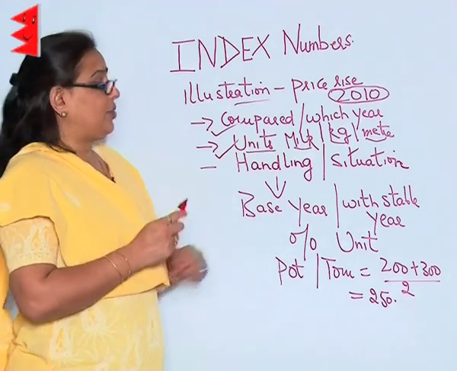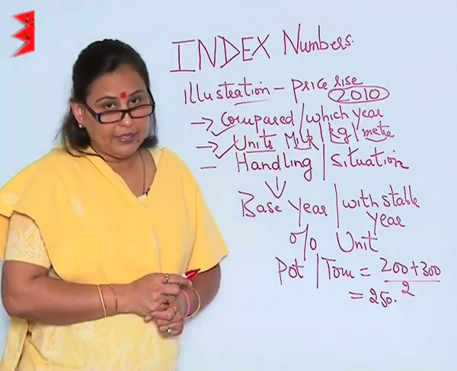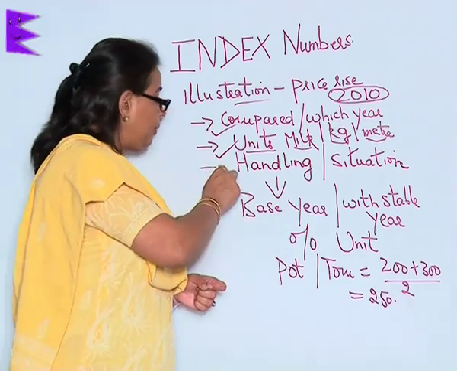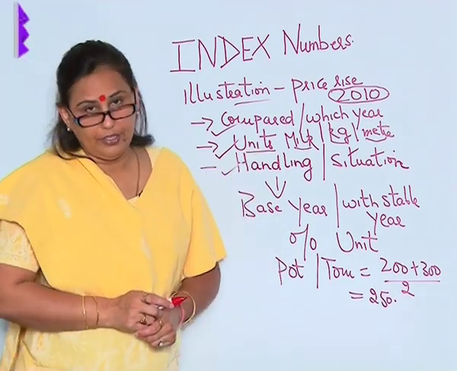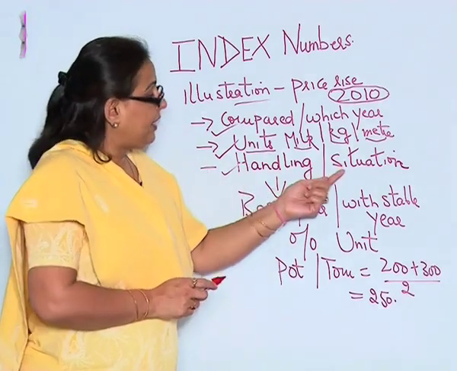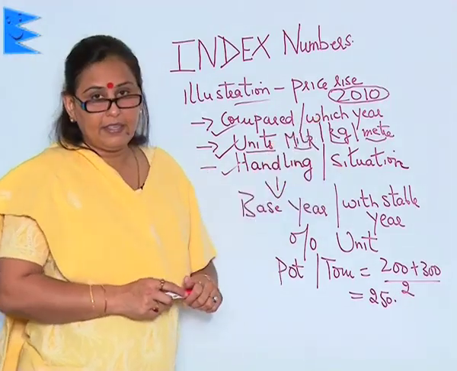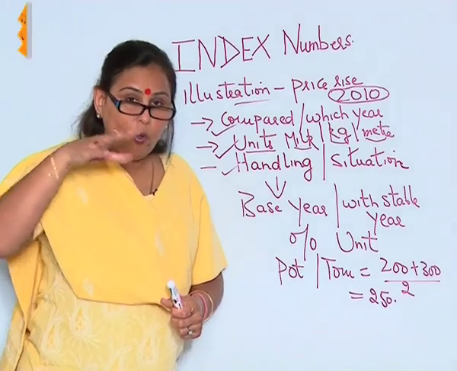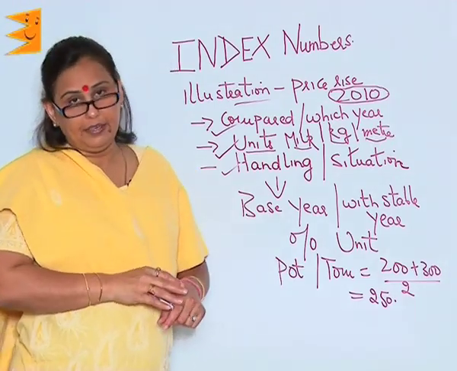Now, the next question that comes to my mind is how I am going to handle the situation of price rise. For example, when the prices rise, not the prices of all commodities rise in that year.